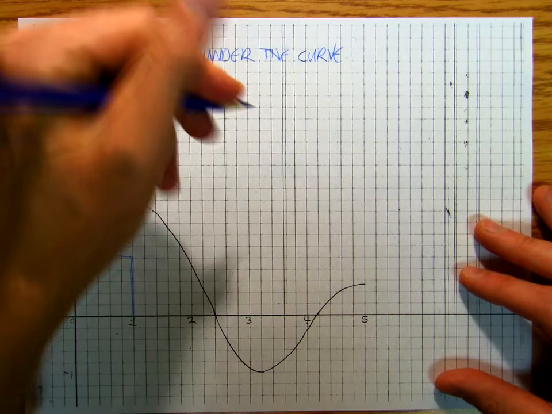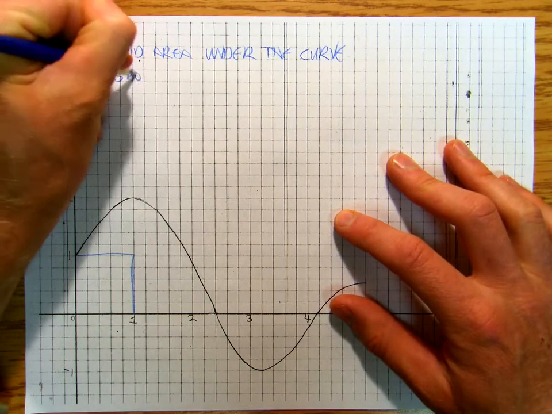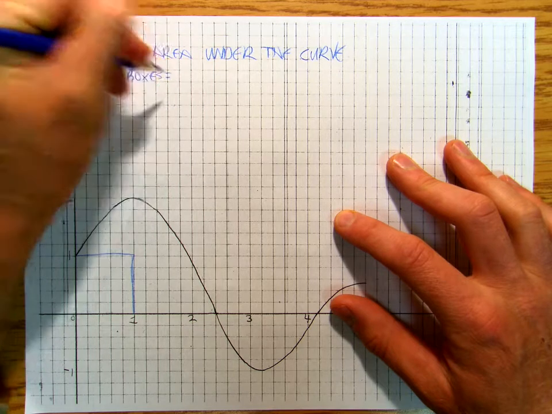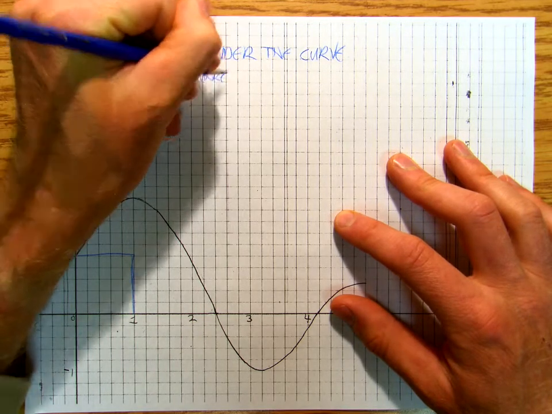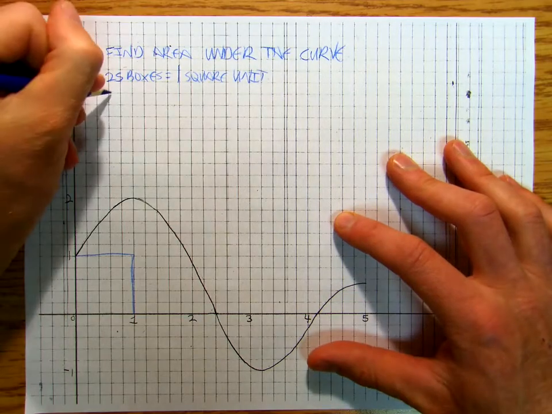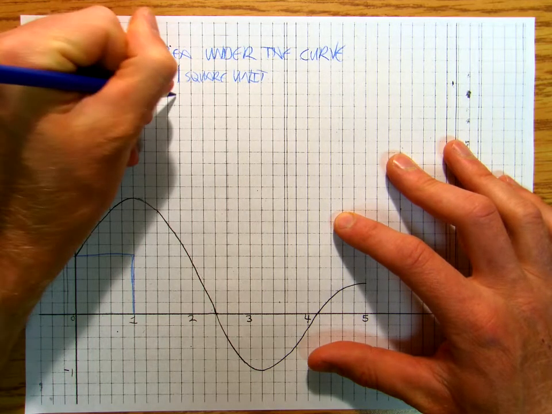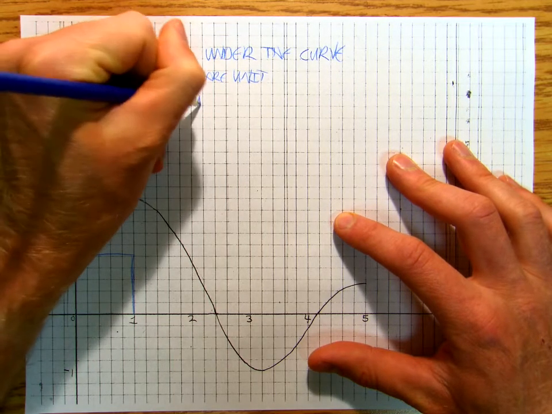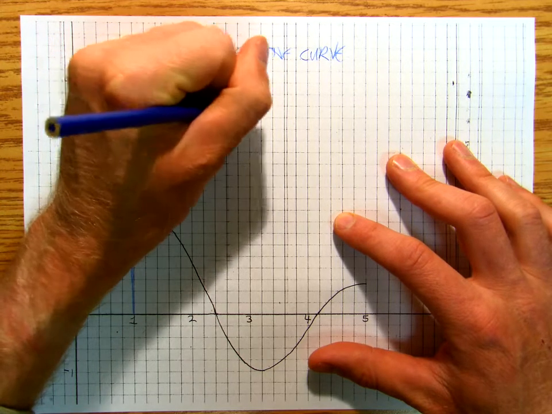So I'm going to say that 1 box is 5 square units.